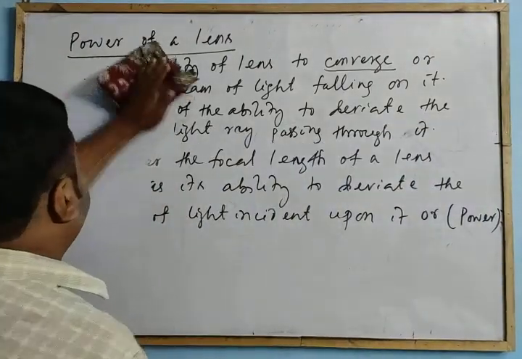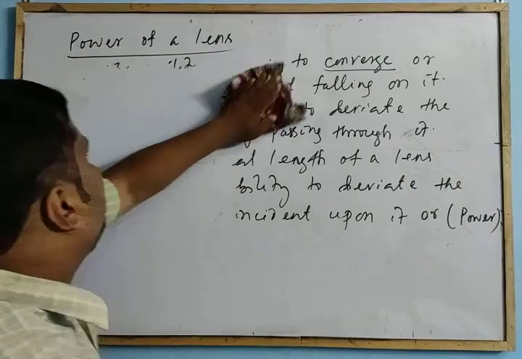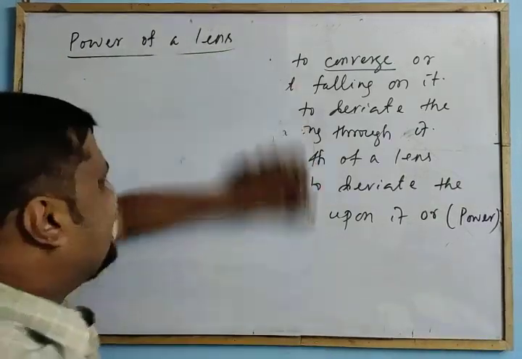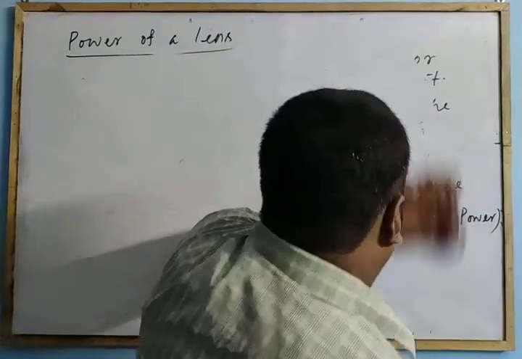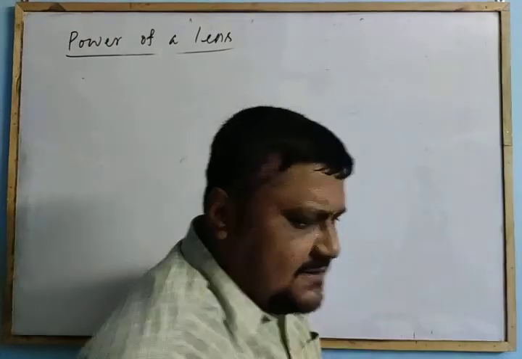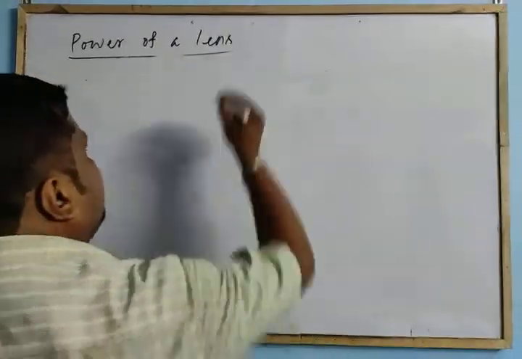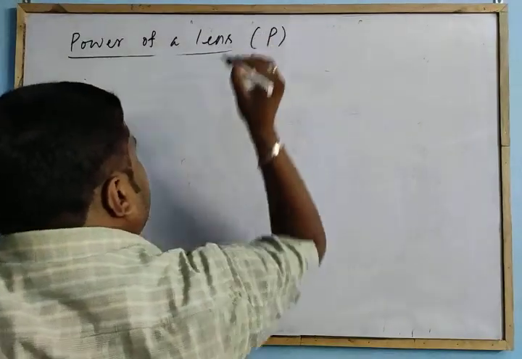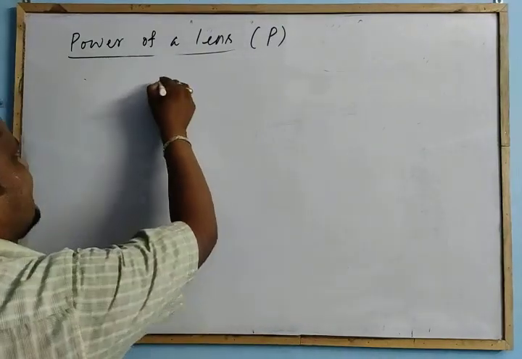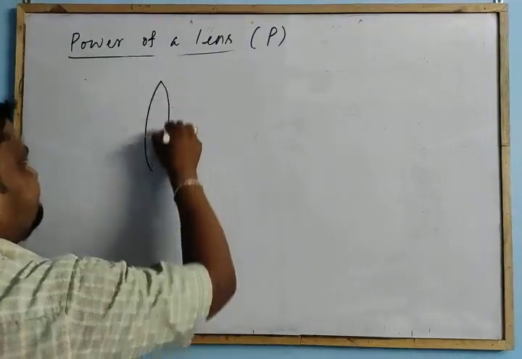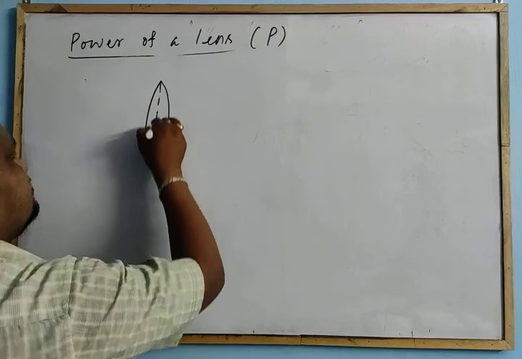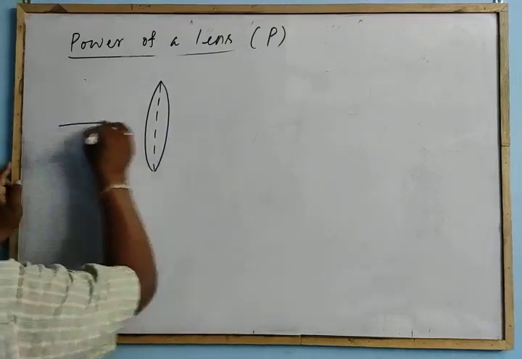Now we find the formula for the power of a lens. It is generally shown by a capital letter P. So let us consider a convex lens, and let this be the principal axis.